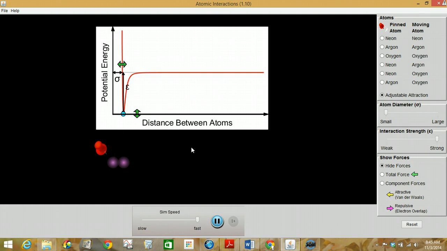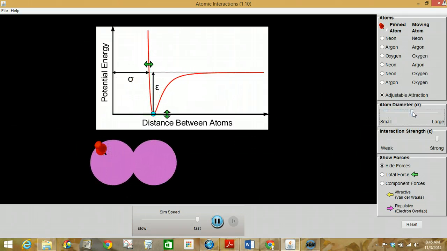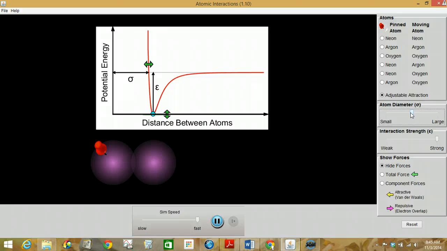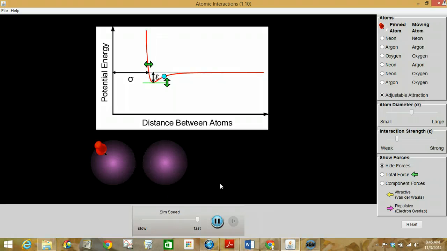And we want to compare this to fluorine as well. So we have the atom diameter like this, and strength like this. So that's supposed to be the fluorine again.